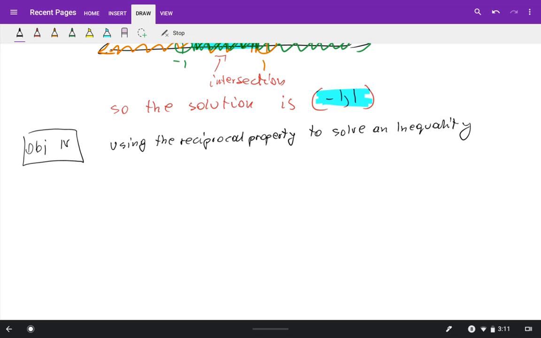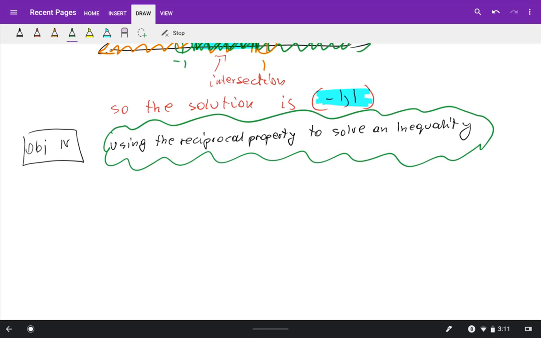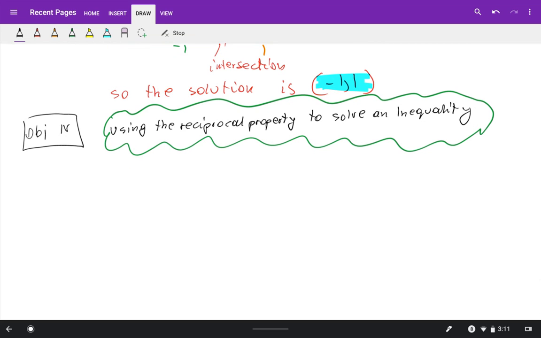Okay, so that's our objective. And let me show you how you can use the reciprocal property. Let me give you an example.